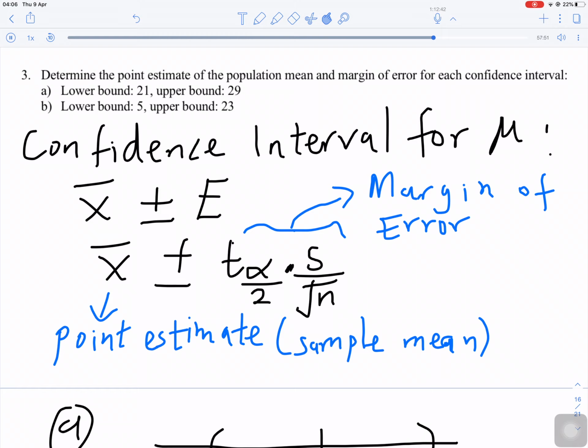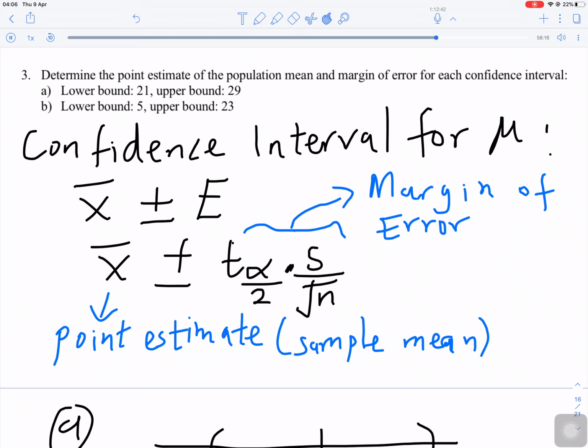All right. Then to question 3. It says determine the point estimate of the population mean and the margin of error for each confidence interval. So in this question, we are given the lower bound and the upper bound, and we need to find the point estimate and then the margin of error. How do we go about that?